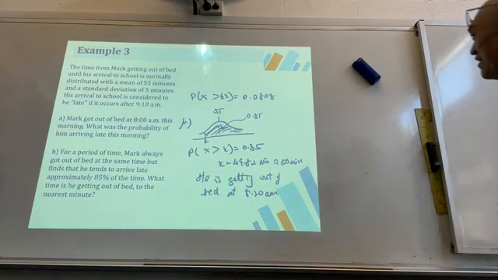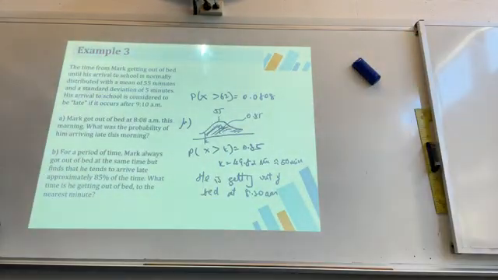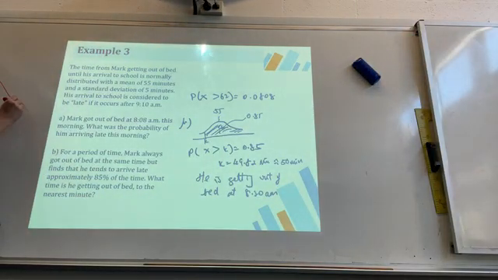If you really want to draw it, it should look something like this: 55, 60, 65, 70, 50, 45, 40. One standard deviation away is 60 if he's later, or 50 if earlier, and so on.